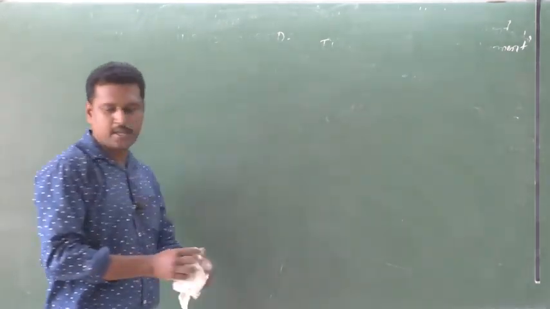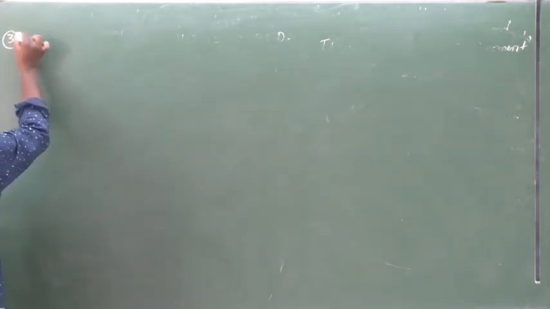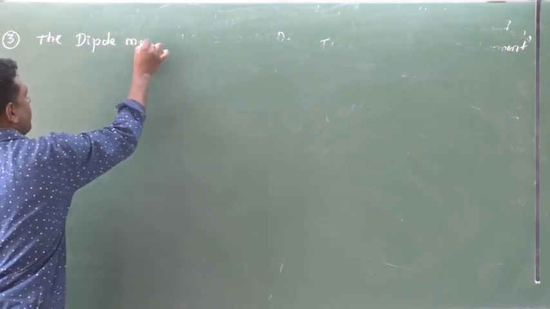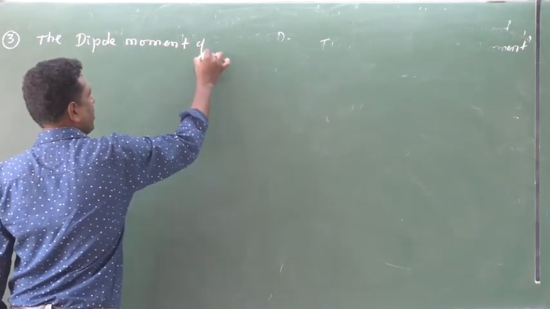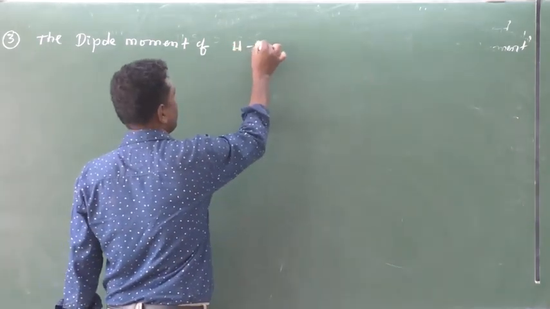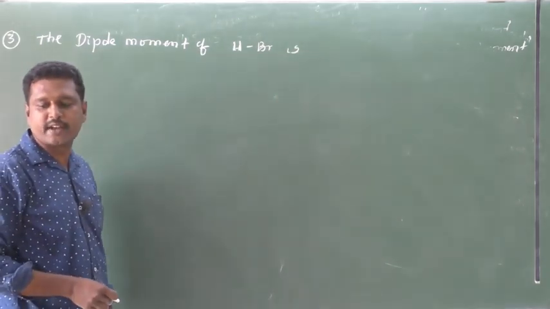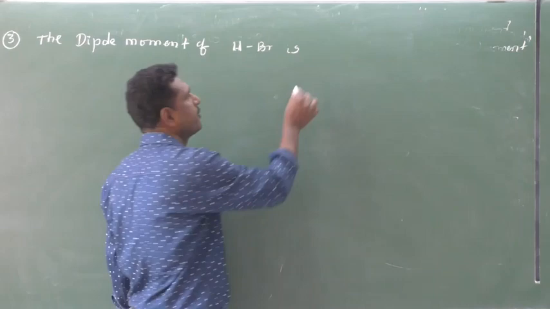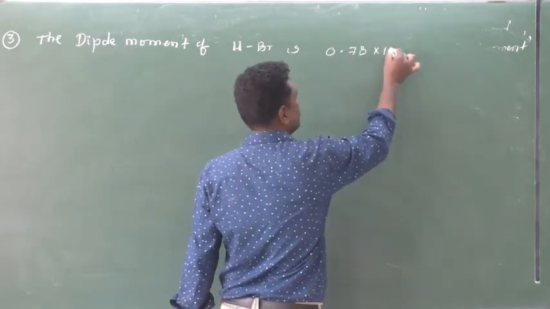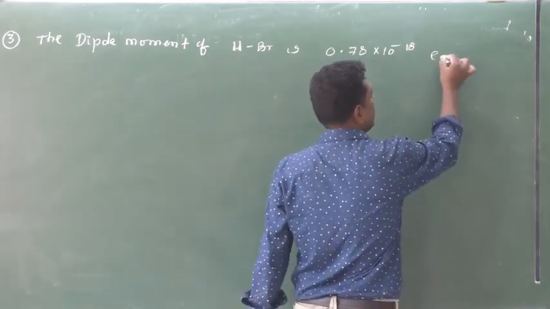Next problem. The dipole moment of HBr is 0.78 into 10 power minus 18 ESU centimeters.